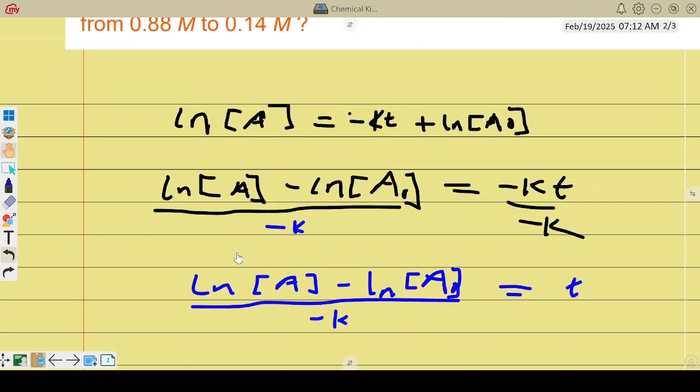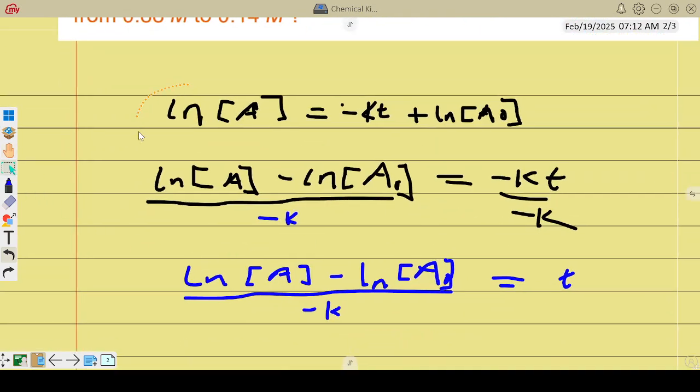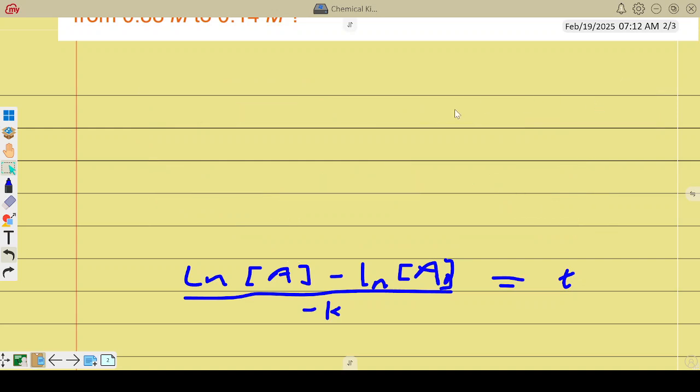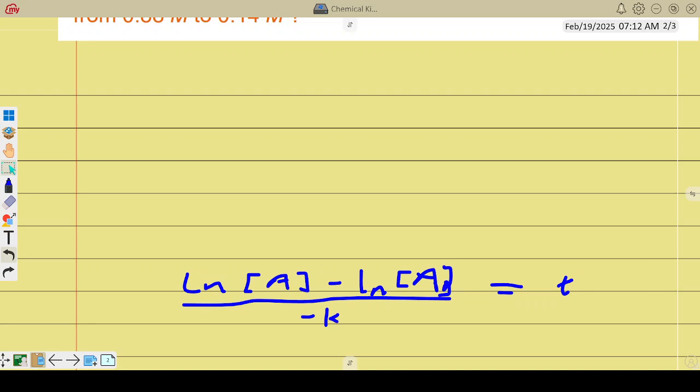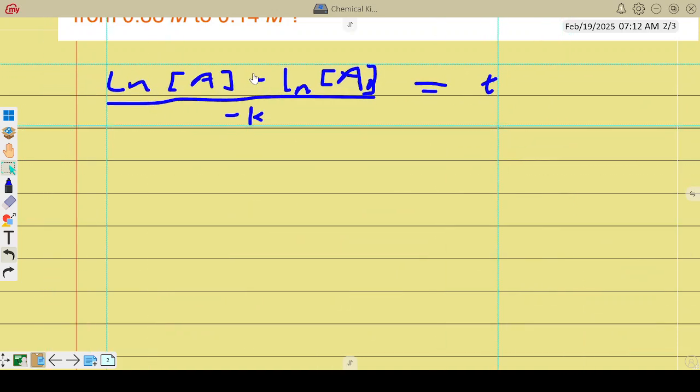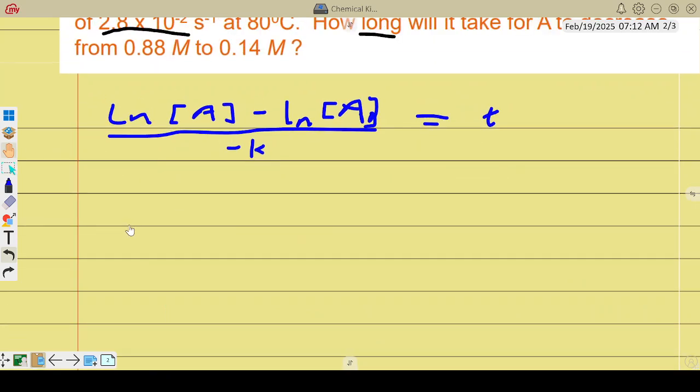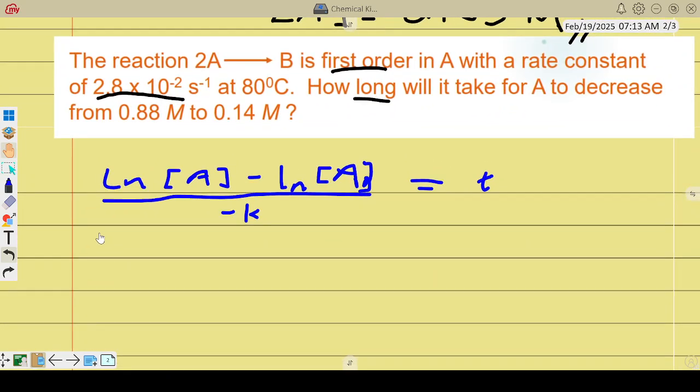So what have we been given? I think I can erase this. If you are writing as you are following, you can do that. So where are we? We now go to solve the value for time. So the final concentration is 0.14.